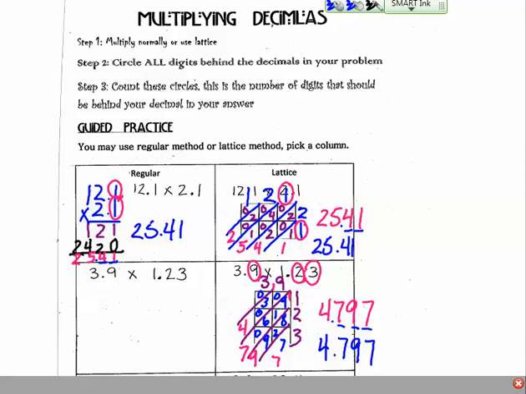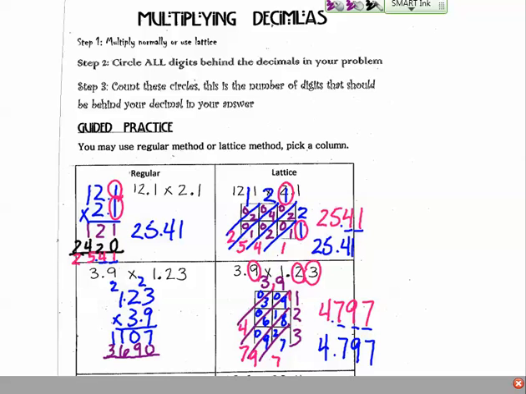Now to do it the regular way, I put the one with the most digits on top. When you multiply, it doesn't matter, but I dislike doing it that way. You'll still get the same answer. 9 times 3 is 27. 9 times 2 is 18, plus 2 is 20, carry the 2. 9 times 1 is 9, plus 2 is 11. We put a placeholder. 3 times 3 is 9. 3 times 2 is 6. 3 times 1 is 3.